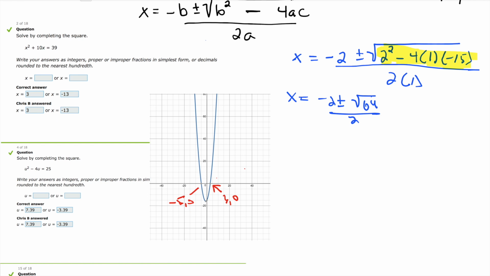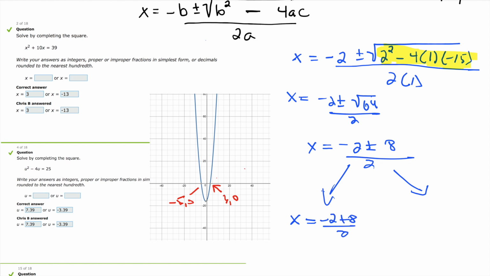You said x equals negative 2 plus or minus 8, over 2. All right, and we split it up, and then we're going to get x equals negative 2 plus 8 over 2. So wait, what does the top equal? Well, first you have to work out this part.